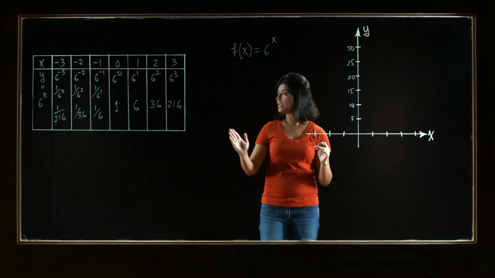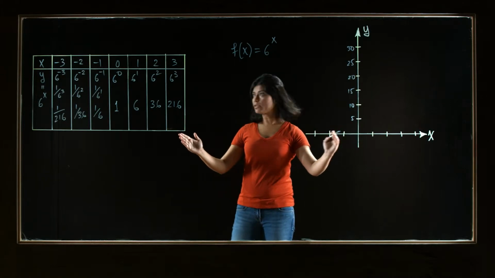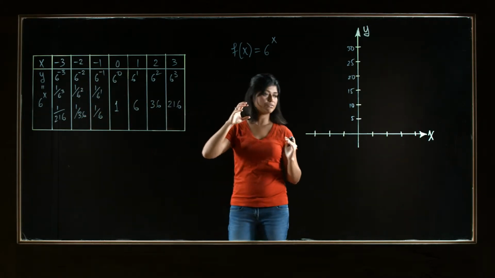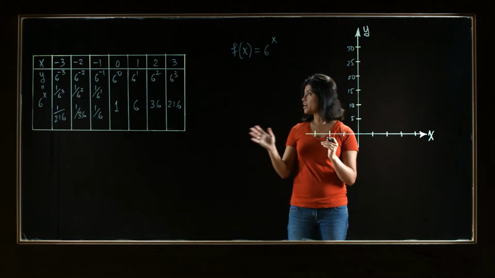And on the left side, for -1, -2, -3, these y values are getting really, really small. Okay, so let's start plotting.